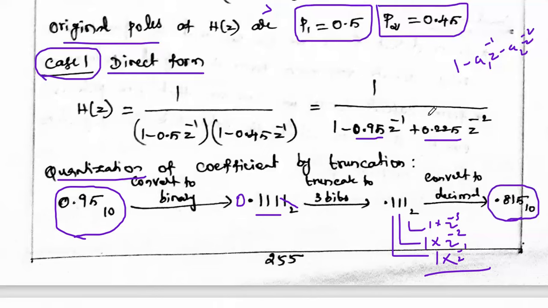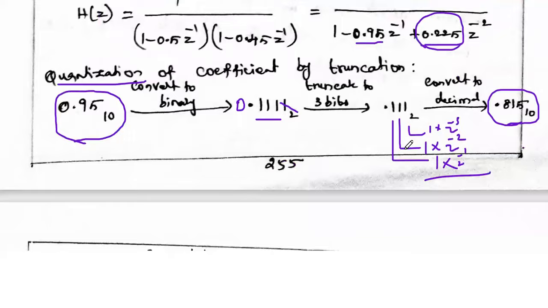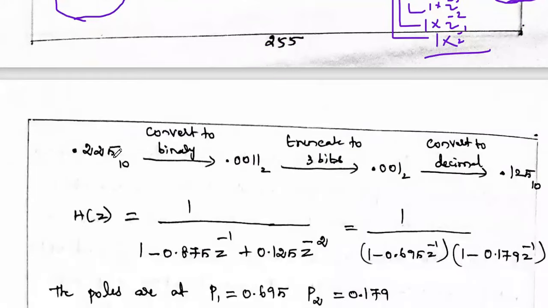Similarly, the second filter coefficient is 0.225. For this 0.225 also we have to do the quantization, so first we convert it into binary. 0.225 multiplied with 2 gives 0.450.